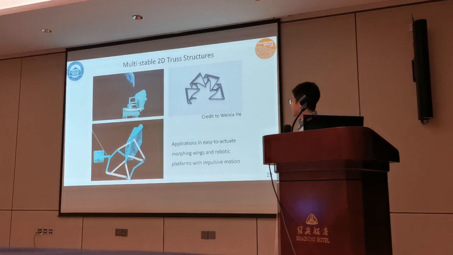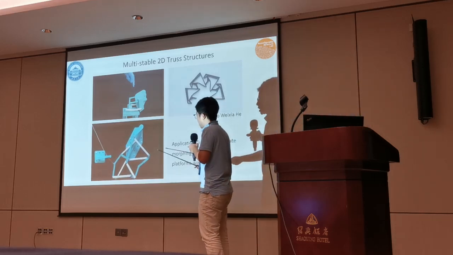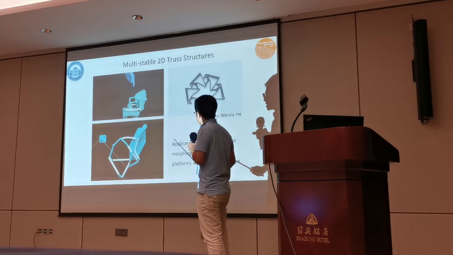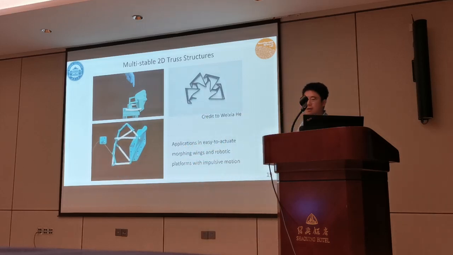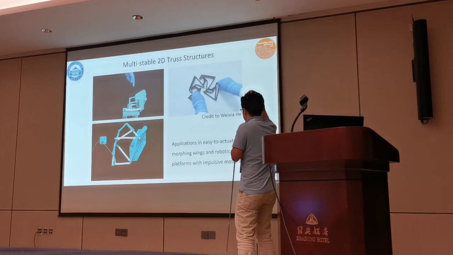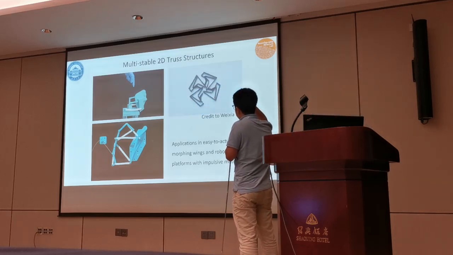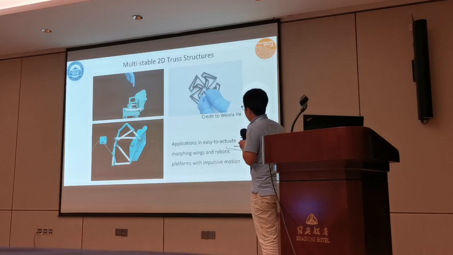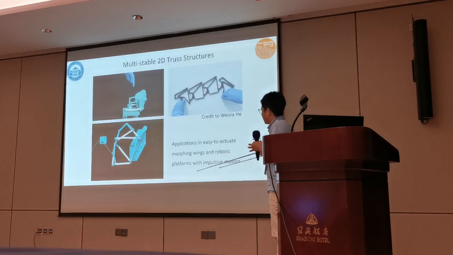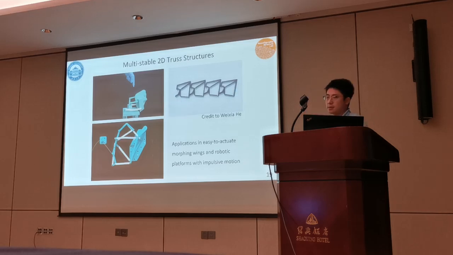This one is another 3-stable structure, which is more complex, but we can also prescribe the stable configurations. Here is another, actually 4-stable, structure. We're also looking into other applications, like moving wings, robotic platforms with impulsive motion, and so on. That's it, I guess.